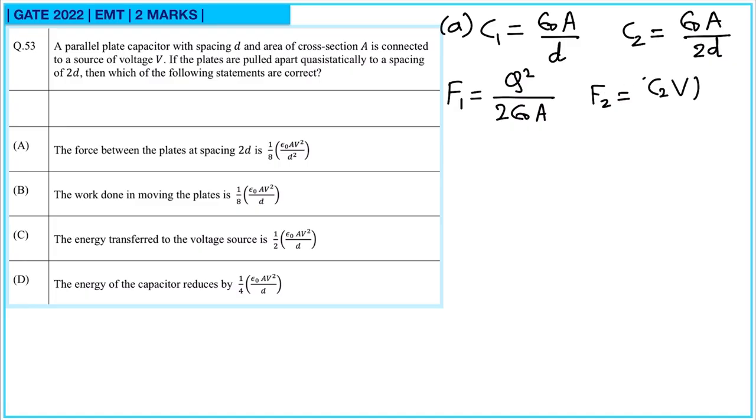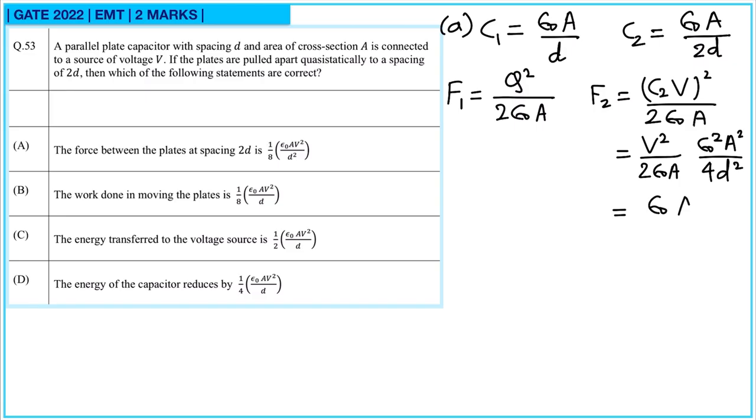So C2 square V square upon 2 epsilon naught A. So that is equal to V square by 2 epsilon naught A, and C2 is epsilon naught A by 2D, so squared it is epsilon naught square A square upon 4D square. So from here it will be 1 by 8 epsilon naught A into V square upon D square. So that will be the force. So that means option A is correct.